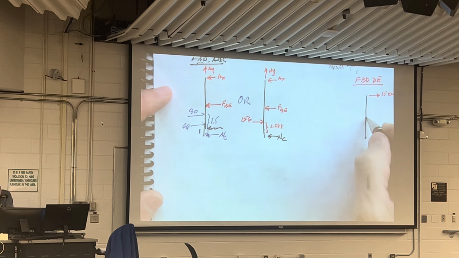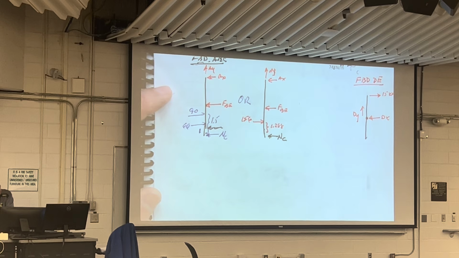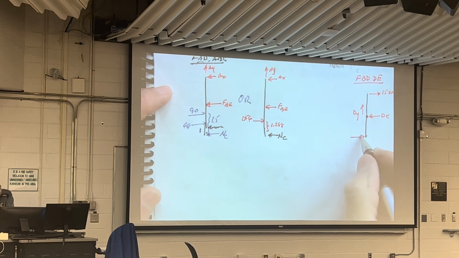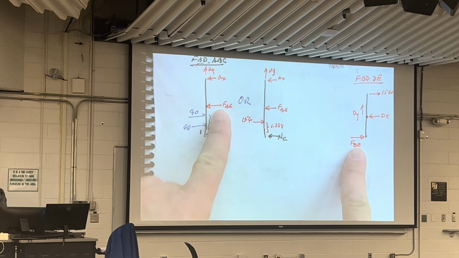I will have a support reaction, which is D, dx, dy. I will have a single force, FBE, from that two-force member. These, of course, have to be equal and opposite. They are.